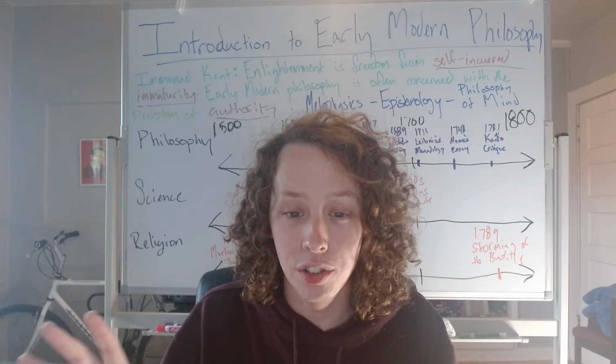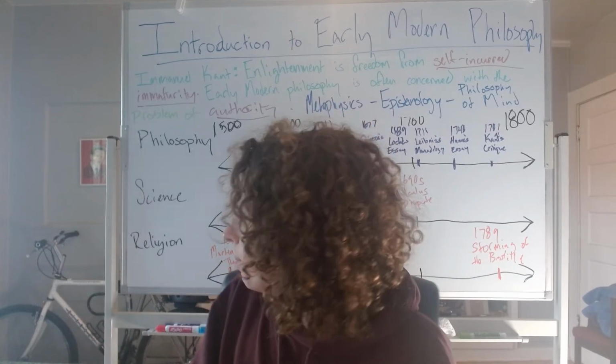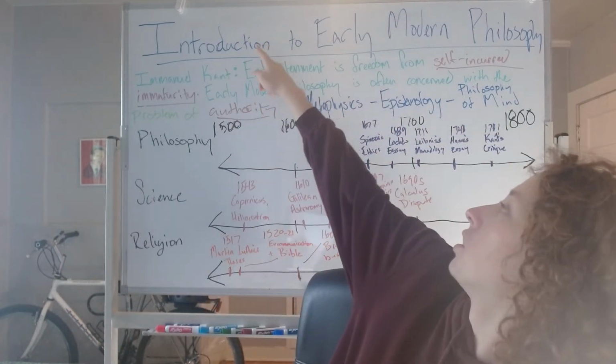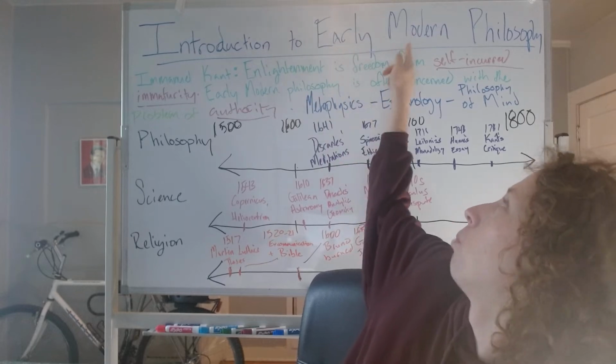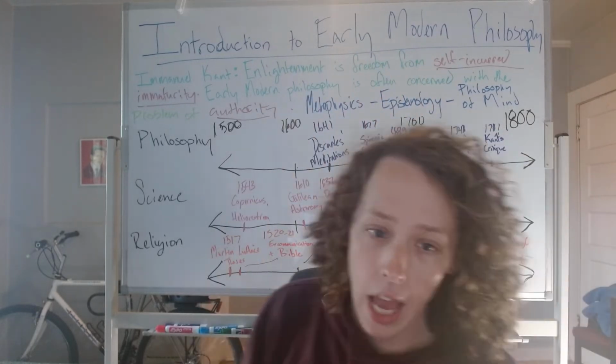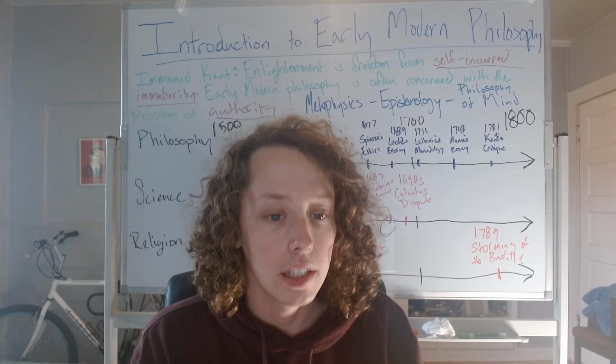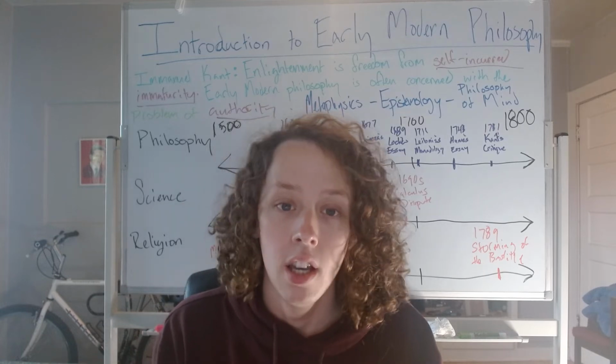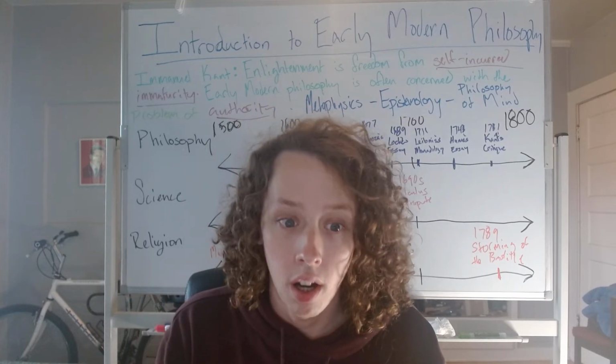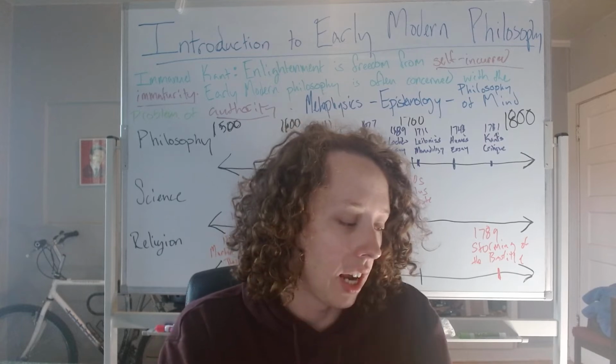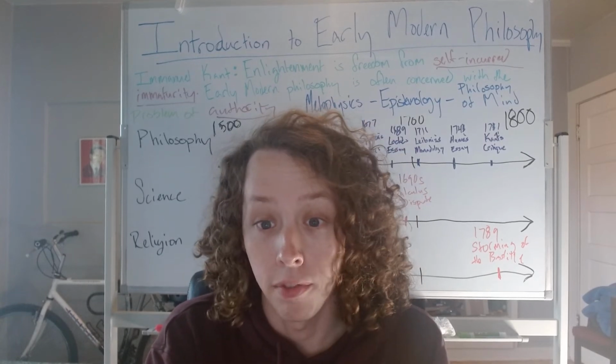So I'll be sure to read everything out. So at the top, we just have Introduction to Early Modern Philosophy, and we're going to begin with this definition of enlightenment given by Immanuel Kant in some readings that I asked you to do for this first week.